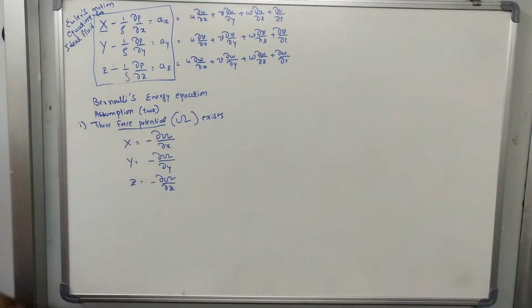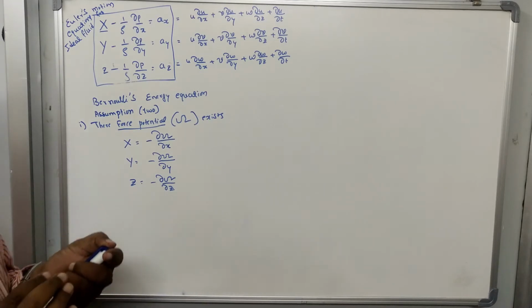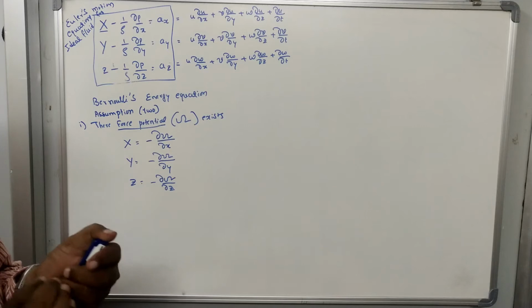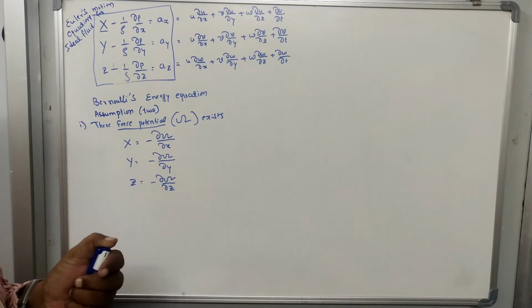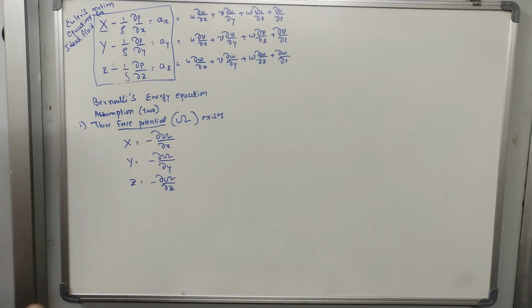This is the first assumption. While deriving the Bernoulli's equation and integrating the Euler's motion equation, we consider two major assumptions. The first assumption is that a force potential exists.